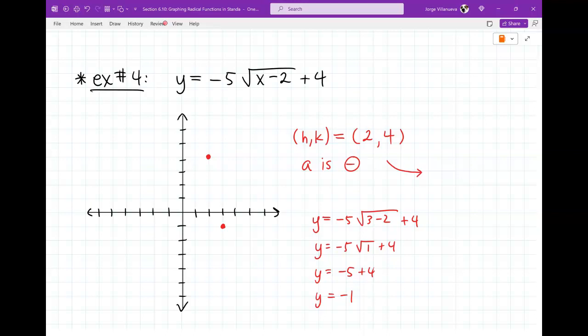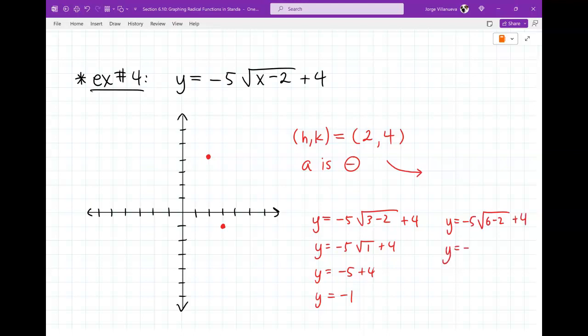So, all right, what's the next number I can try? I already tried a result that gave me a 1. What gives me a 4? A 6. 6 minus 2 is 4. The square root of 4 would be 2. So that's good. I'll try a 6. So y equals negative 5 square root of 6 minus 2, plus 4.